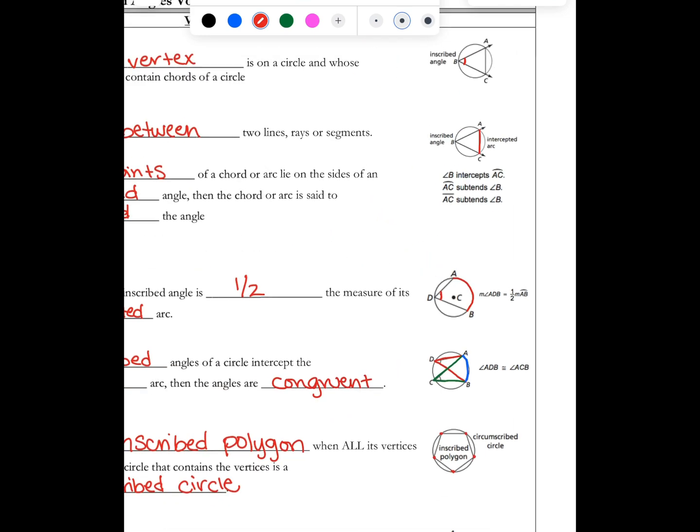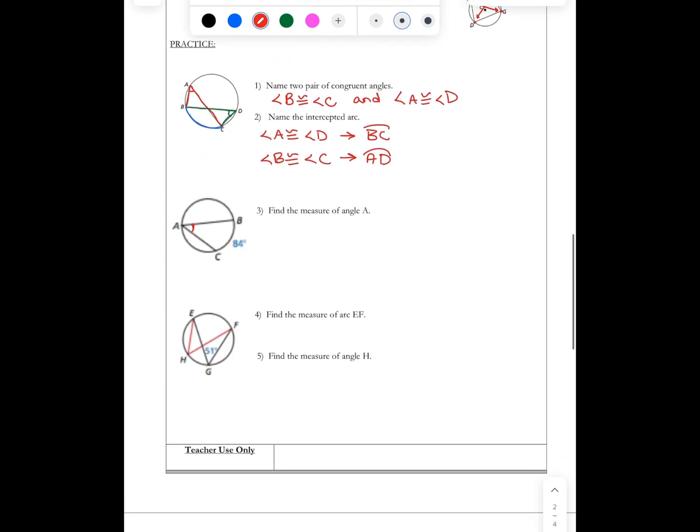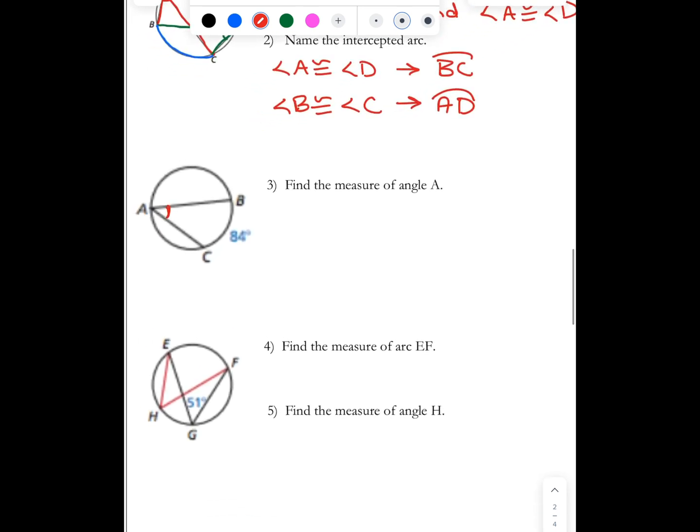So if we go back to our question, that means that angle A is equal to half of arc BC. And 1/2 of 84 is equal to 42 degrees. So angle A is equal to 42 degrees.